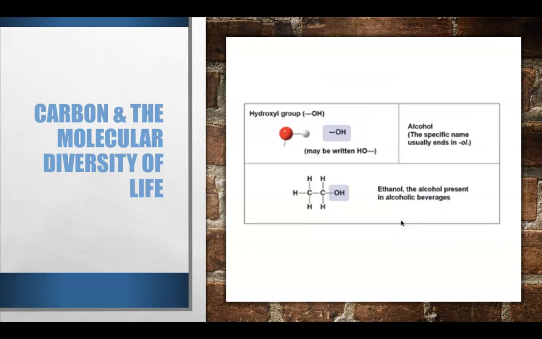A hydroxyl group is hydrogen and oxygen, so an OH group. Anytime you have a bunch of hydroxyl groups added to a compound, it makes it an alcohol, and they tend to end with -ol. So if I was to take this hydrocarbon and replace this hydrogen with a hydroxyl group, what used to be ethane is now ethanol, an alcohol which is present in alcoholic beverages.